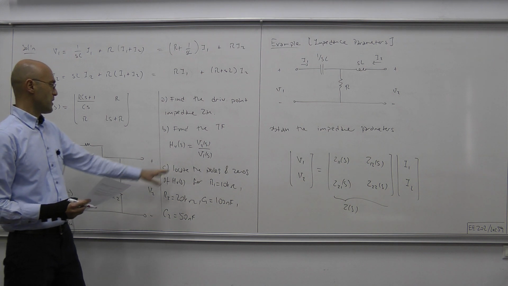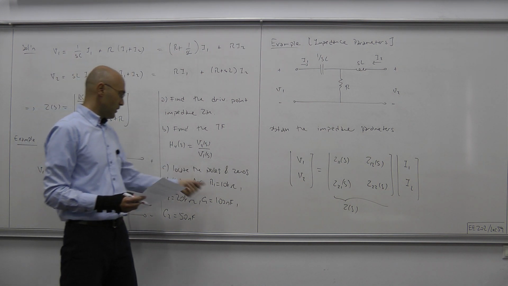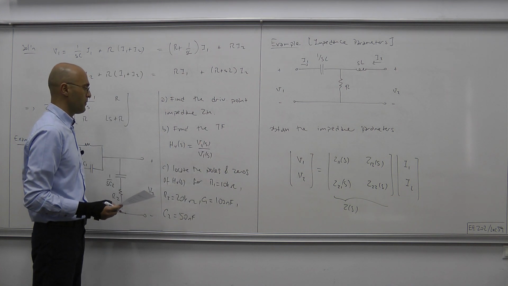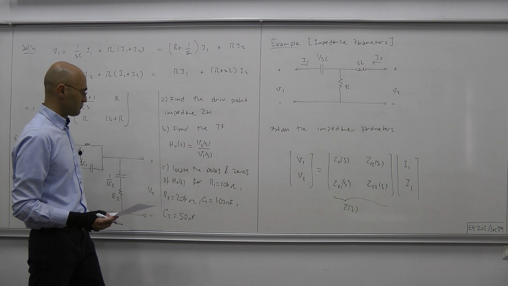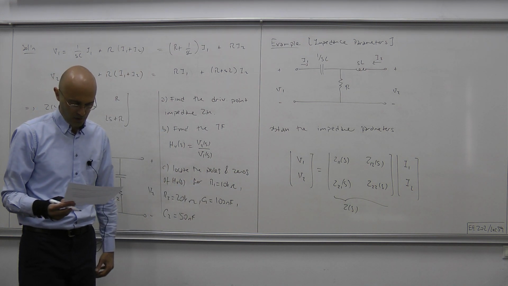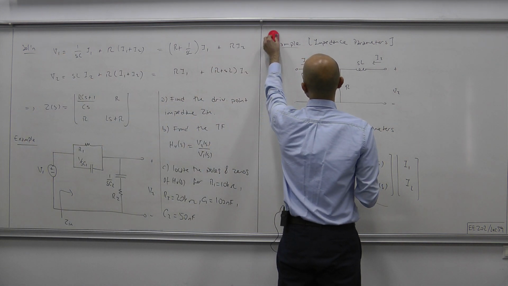Okay, so once we have the transfer function in terms of R's and C's, we're going to plug in these numerical values, and for that we're going to figure out the poles and zeros of that rational function. Okay, let's proceed with the solution.